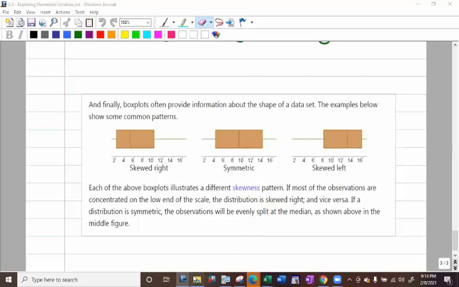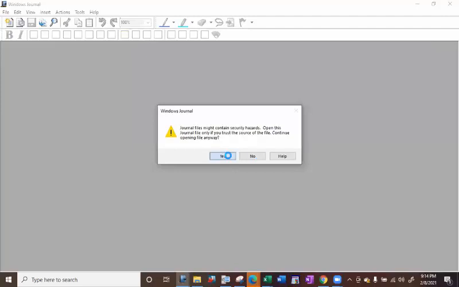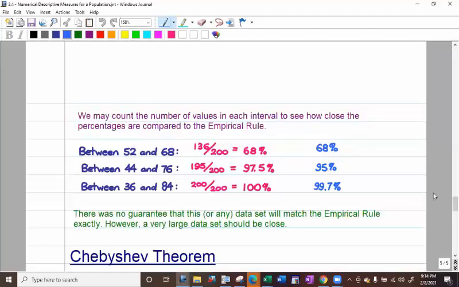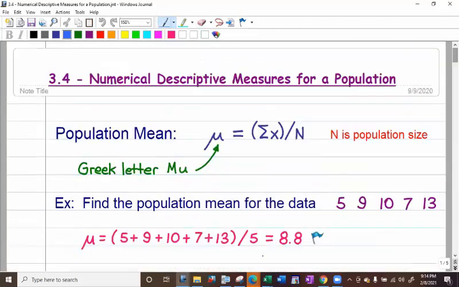Now I'm going to jump over to the homework maybe. Yeah, we're not going to do that entire section tonight, but let me jump to the homework here for a second.